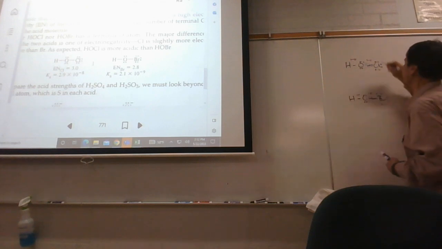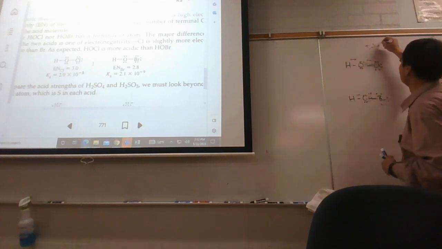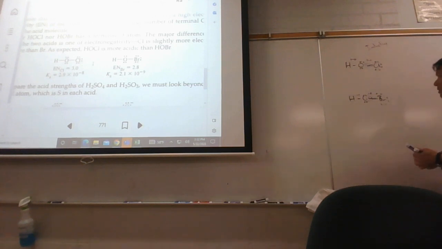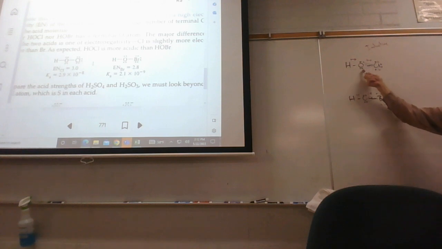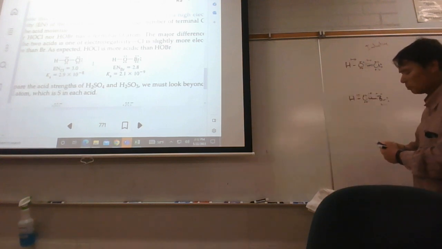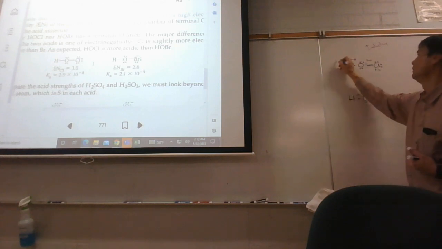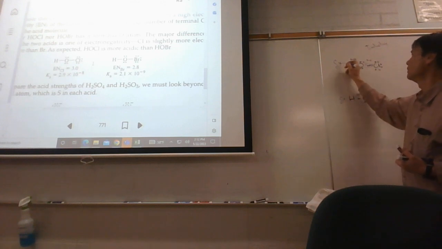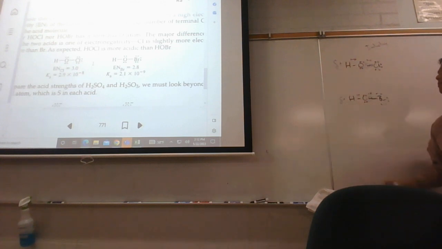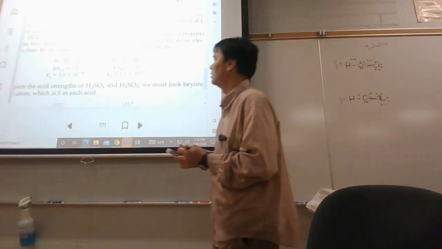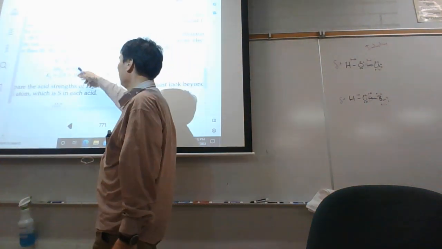The inductive effect is this electron withdrawing effect due to what's attached to a particular atom. That's going to make this oxygen more electronegative, and it's going to make this bond more polar, even though it's an H-O bond, than this bond here. This bond will be less polar. And so in terms of bond polarity, HOCl is the stronger acid.